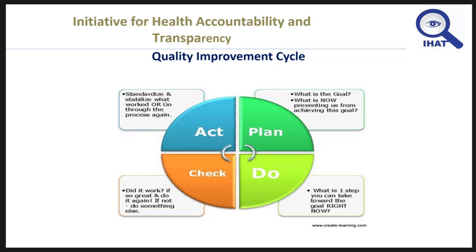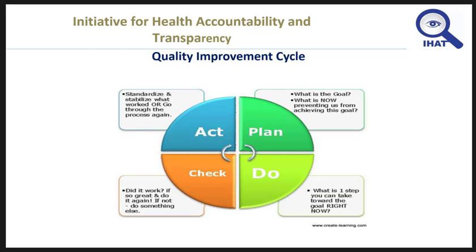Now, in the plan phase of the improvement circle here, you are looking at what is the goal, what is now preventing us from achieving this goal. And then the do part, here we're talking about what is one step you can take towards the goal right now in order to achieve quality improvement.